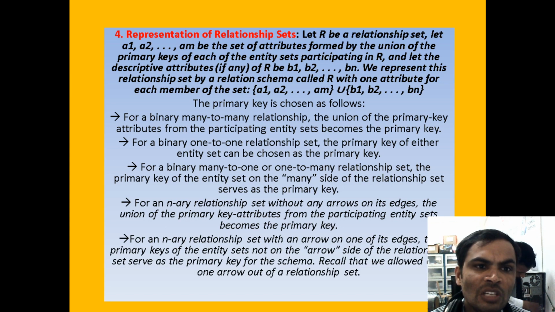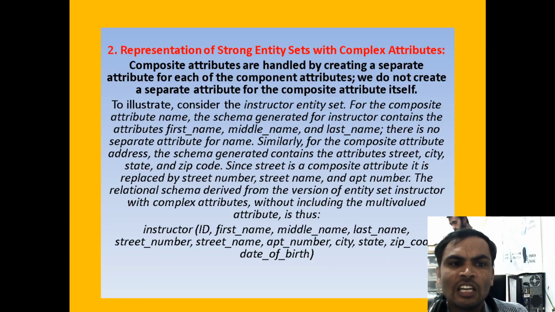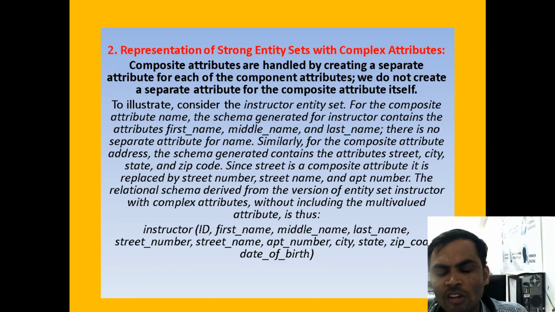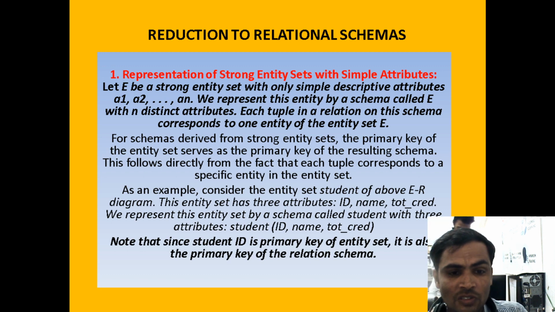We can reduce the schema in these four scenarios: representation of relationship, representation of weak entity set, representation of strong entity set with complex attributes, and representation of simple attributes.